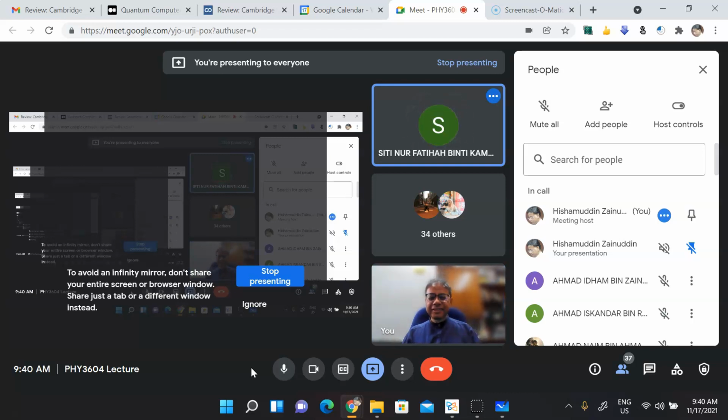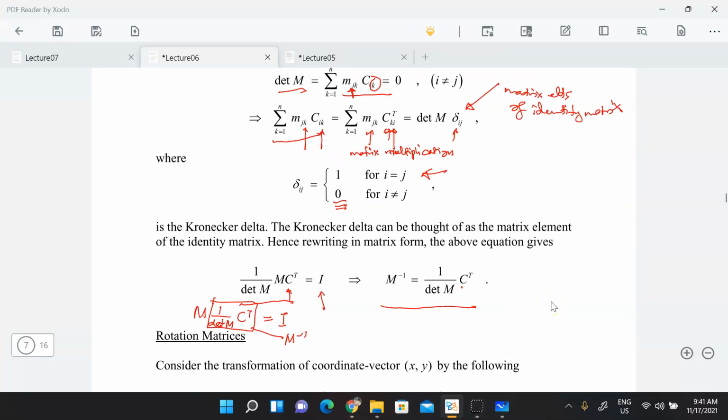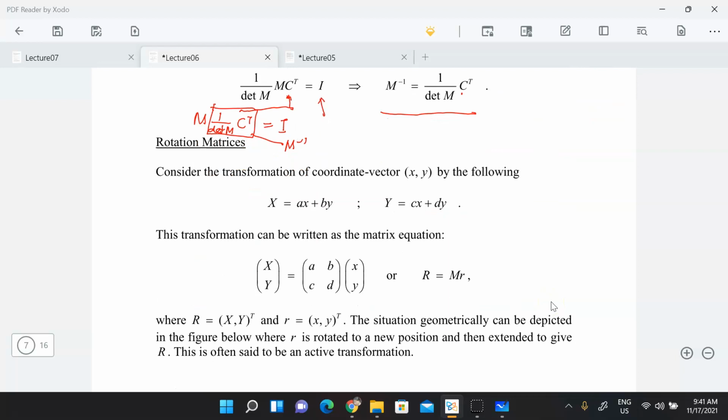Okay, great. So we are still inside that same chapter, but we need to understand more about matrices, a special kind of matrices. One of the things we want to understand is how matrices help you understand rotations. One of the things that we always do is to rotate a coordinate system.